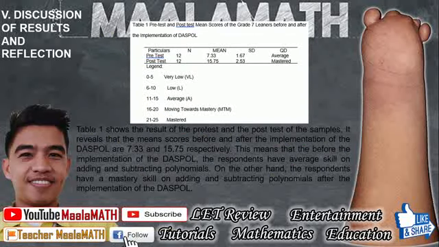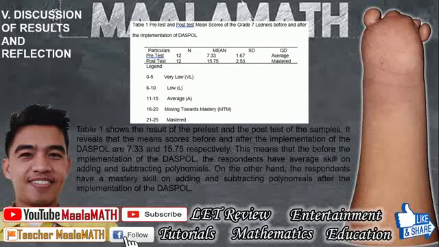Yan, discussion of results and reflection na po. So, we have the first table, the table 1 pre-test and post-test mean scores of the grade 7 learners before and after the implementation of DASPOL. So, the table 1 shows the result of the pre-test and the post-test of the samples. It reveals that the mean scores before and after the implementation of the DASPOL are 7.33 and 15.75 respectively.